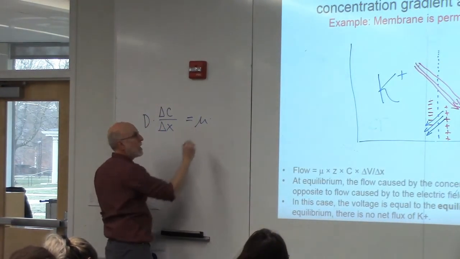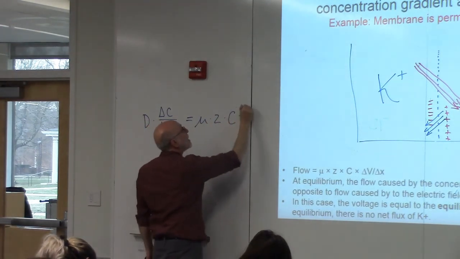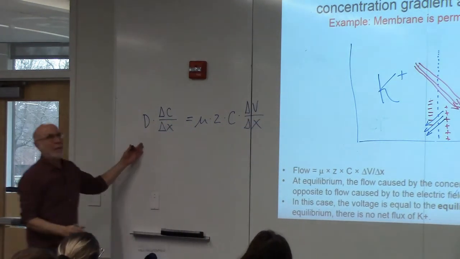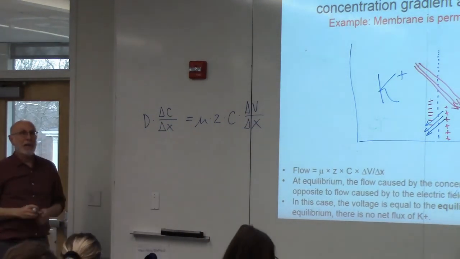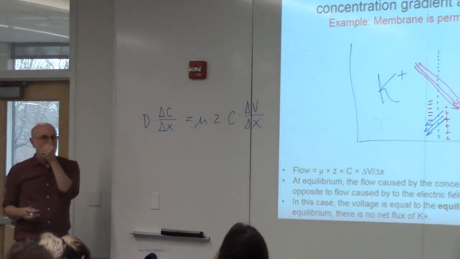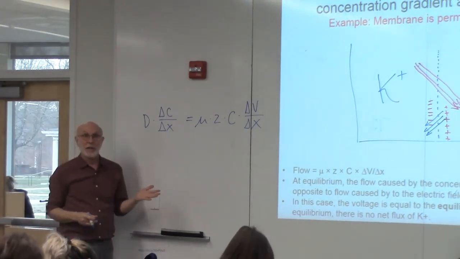Mobility times Z times concentration times the voltage gradient. At equilibrium, if you solve this as a differential equation, you get what's coming up on the next slide, the Nernst equation.